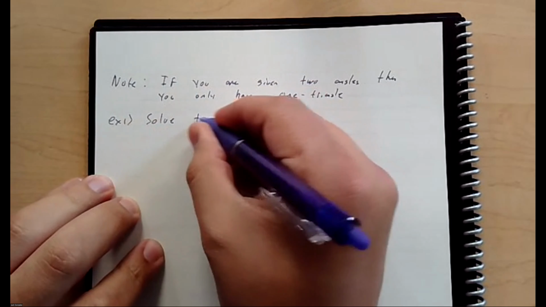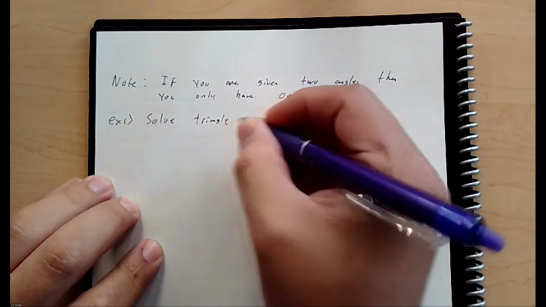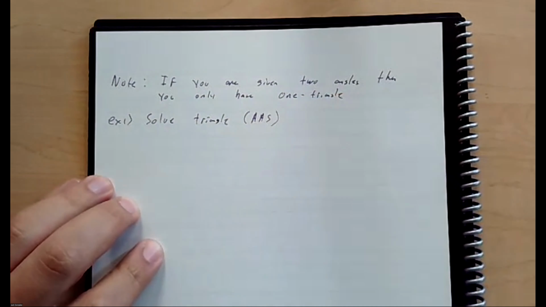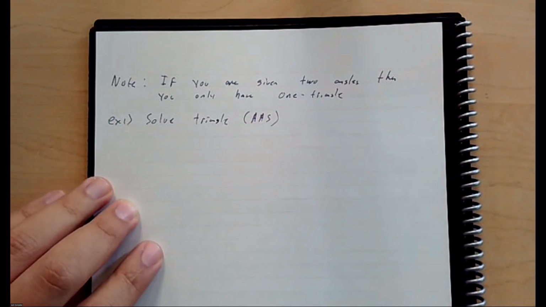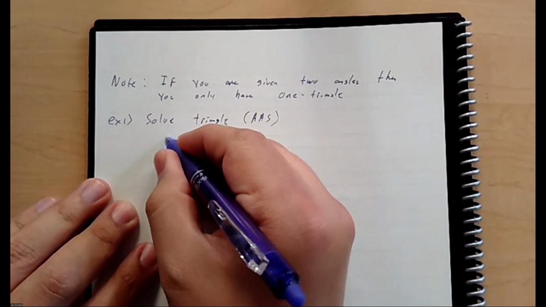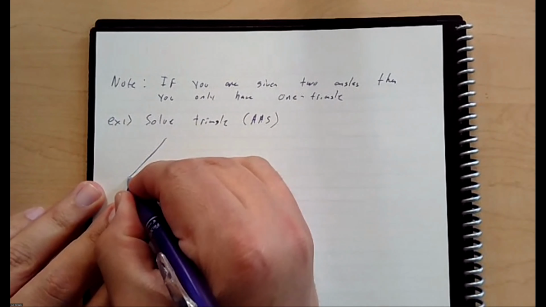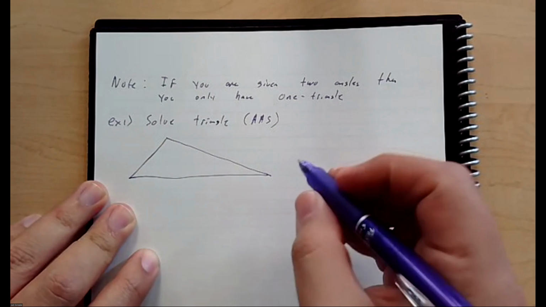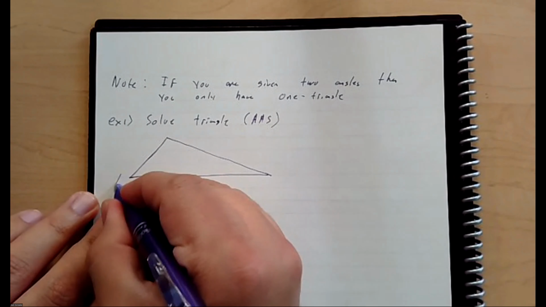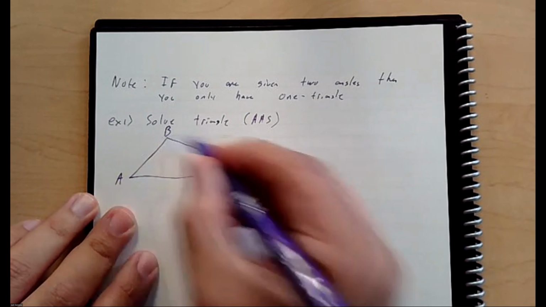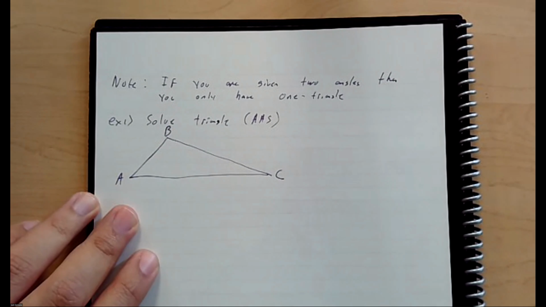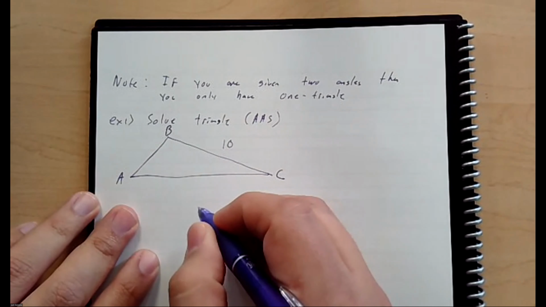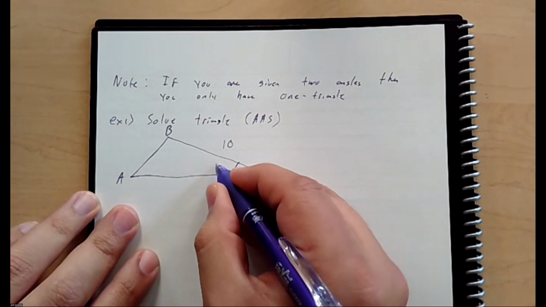All I'm going to ask you to do is solve the triangle on the exams. That's it. In the book, this is called an AAS. They technically gave us a picture. Let me attempt to draw this. No promises. So A is right here, B is there, C is here. So 10 is there. This angle is 30 degrees.